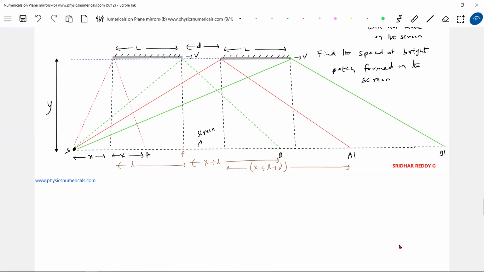Let's get into this one. If you can calculate the distance AP, it's done. So what is the distance AP? X plus capital L, small l we will take.